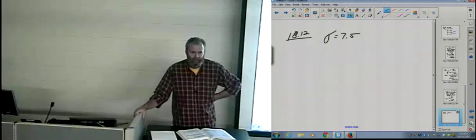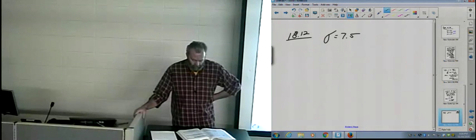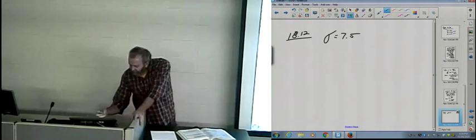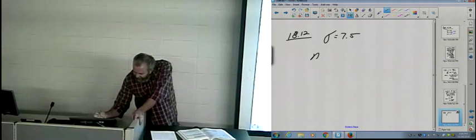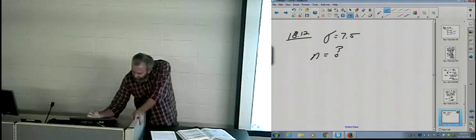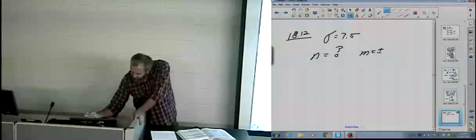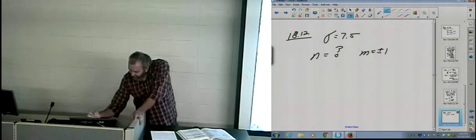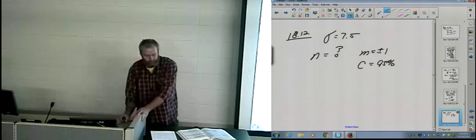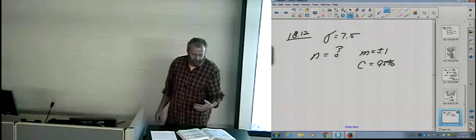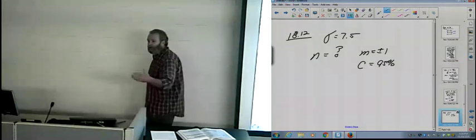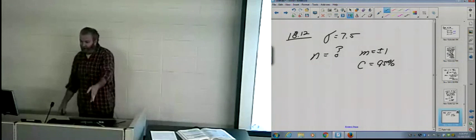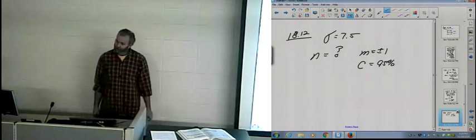You see the plus or minus part? That's the margin of error, with 95% confidence. So the question is, you need to find n where your margin of error is plus or minus 1, and the confidence level is 95%. It wants you to find the sample size for that confidence level and that margin of error.